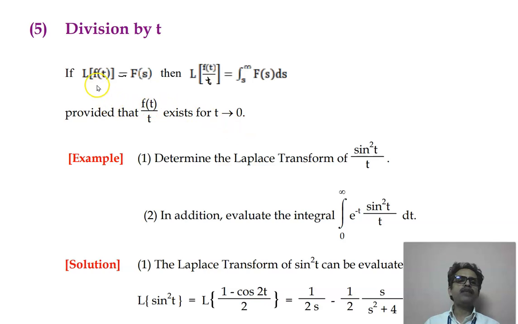That means if we know the Laplace transform of function small f of t as capital F of s, then we can find the Laplace transform of f(t) upon t by integrating this capital F of s with respect to s from the limit s to infinity.